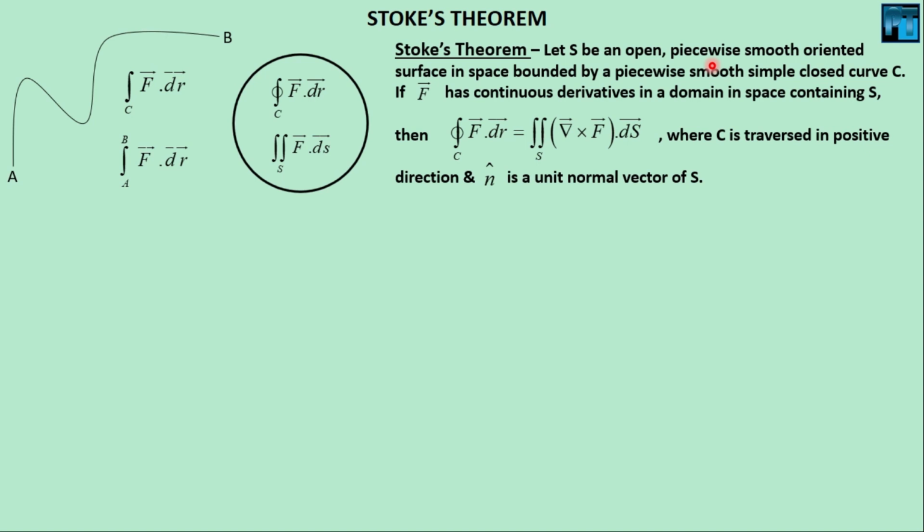The square is piecewise smooth, consisting of four smooth curves, four lines that are smooth curves each. So there are four smooth curves which make up the square. That's why a square is a piecewise smooth curve. Hope I am able to clear the technical terms piecewise and smooth.